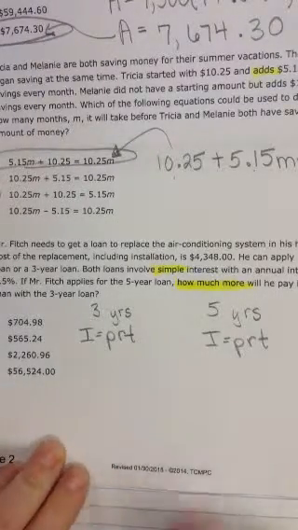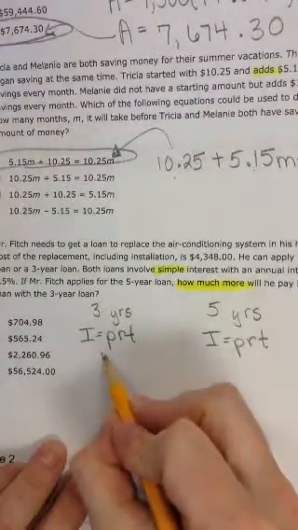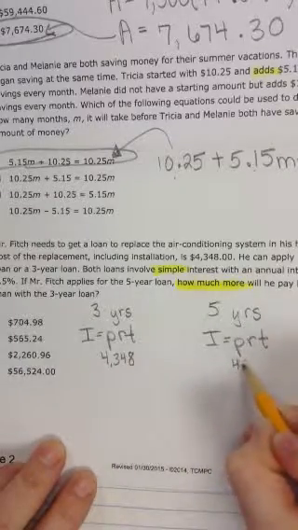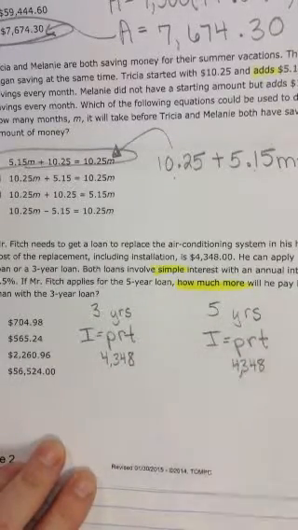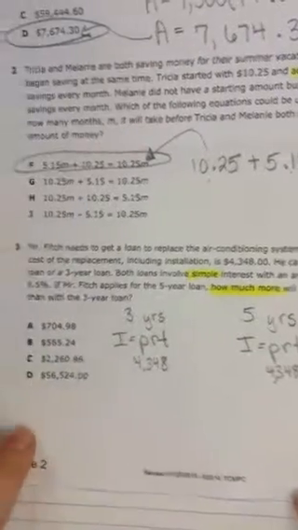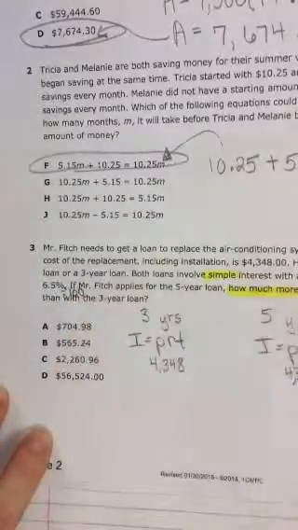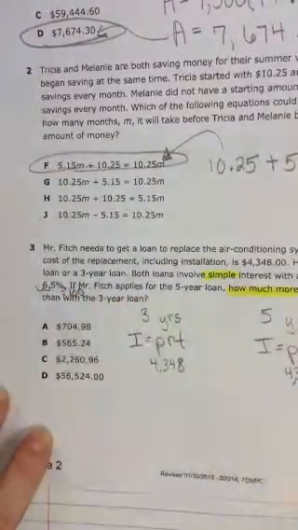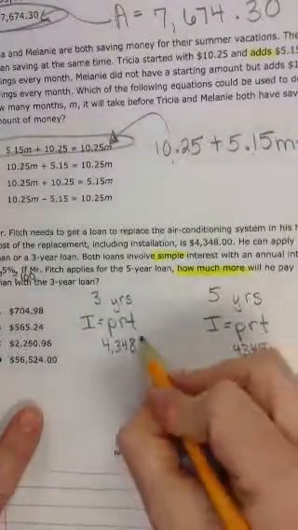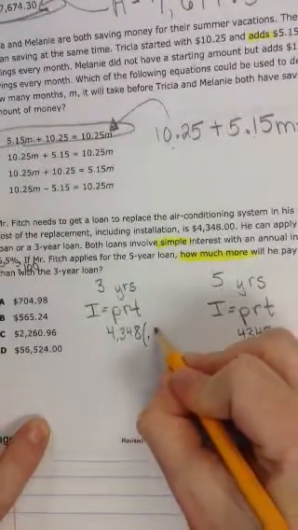The principal is how much he needed, so that number is the same for each one. 4,348 is the principal. I'm going to multiply it by the rate. Remember, you always have to divide that rate by 100. I'm going to move the decimal 2 times to the left. So multiply that principal by the rate of 65 thousandths.